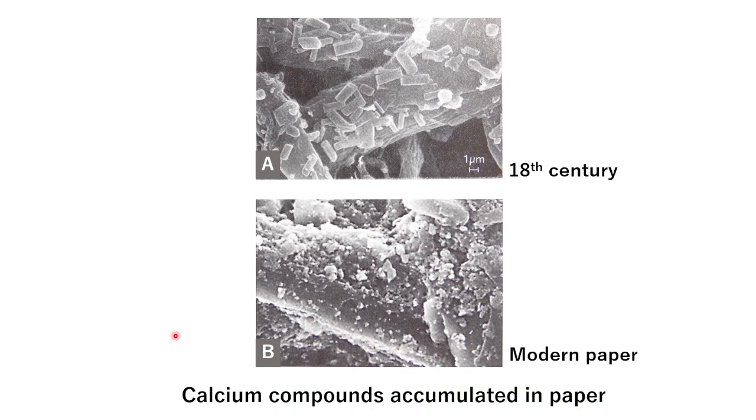These figures are electron microscopy observations of calcium compounds accumulated in papers, in which 18th century paper contains calcium compounds, and in modern paper, calcium compounds are sometimes added as fillers to make the paper smooth. The reason why historical papers are well preserved compared to the acidic papers is that fabrics were immersed in calcium-rich limestone, or fibers were beaten in water rich in these compounds to be fiberized during the process of fermentation.